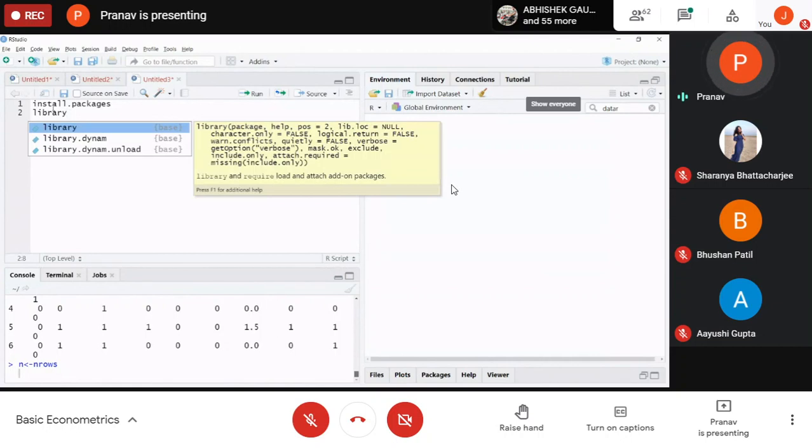After that, you can start using all the data sets that are there in the package. Is that clear? Okay, sir. So you have to install first, and after that you have to call it from the library. So installation is just required once, but whenever you want to use the package, you have to call it from the library. Is that clear? Okay, sir.